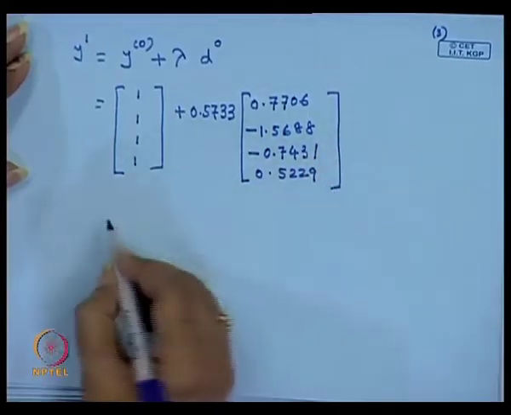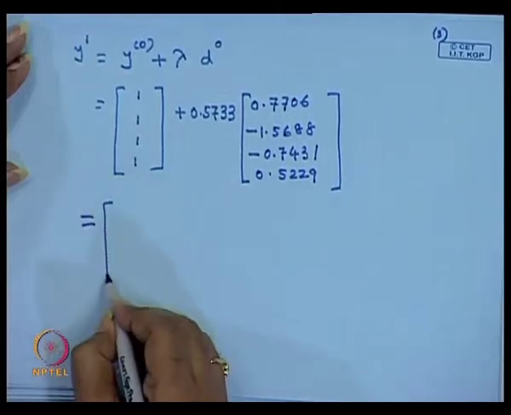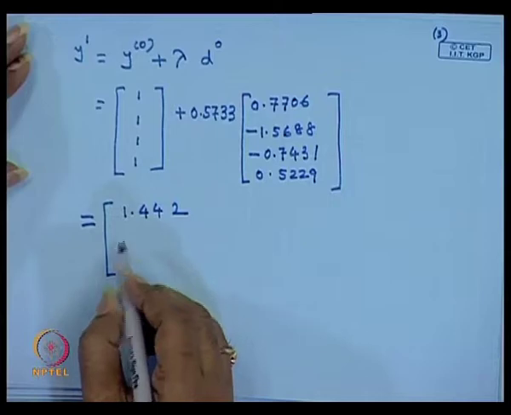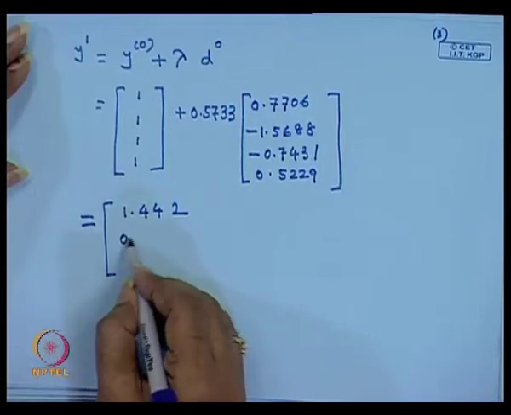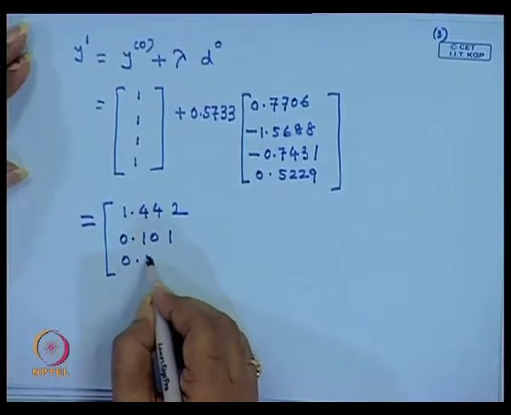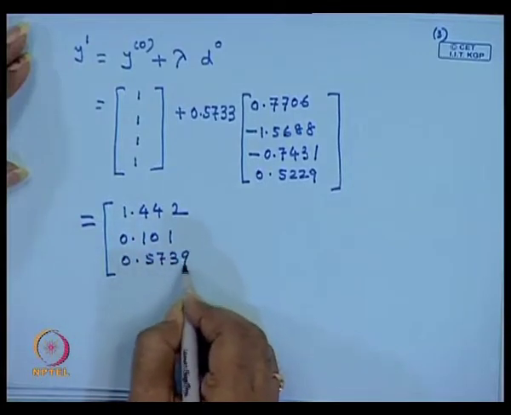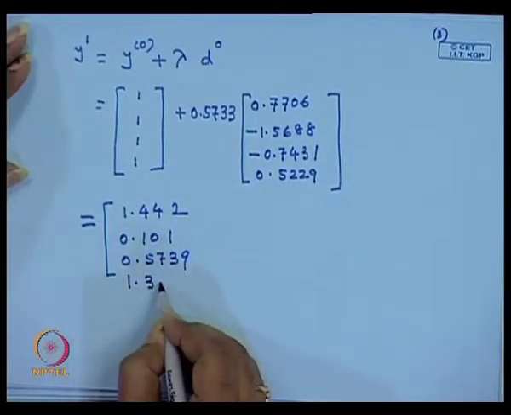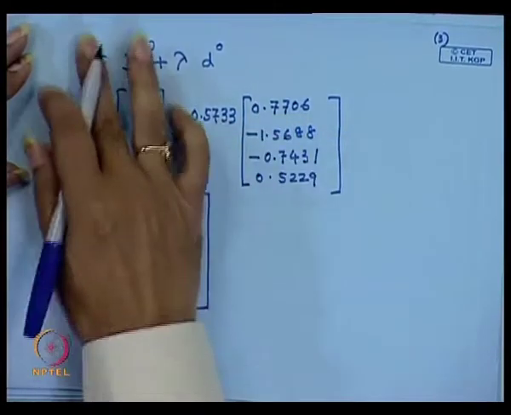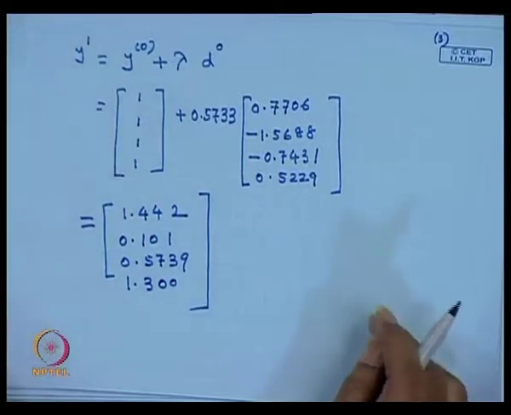So, if you compute this one, then finally you will get 1.442, then 0.101, then 5.739, then 1.300. So, this is the new value of that one.